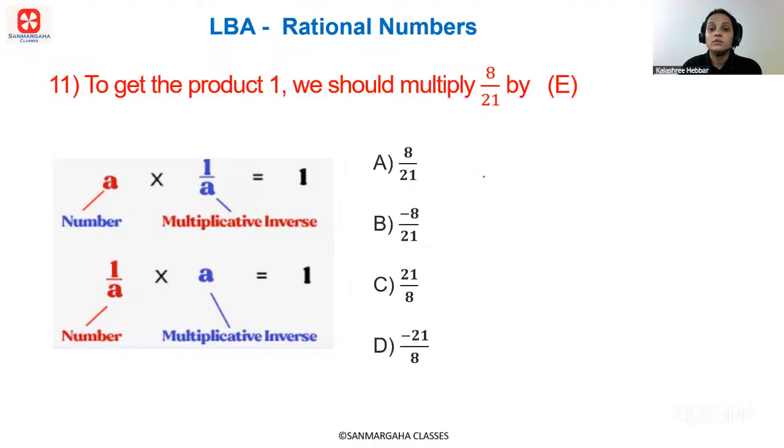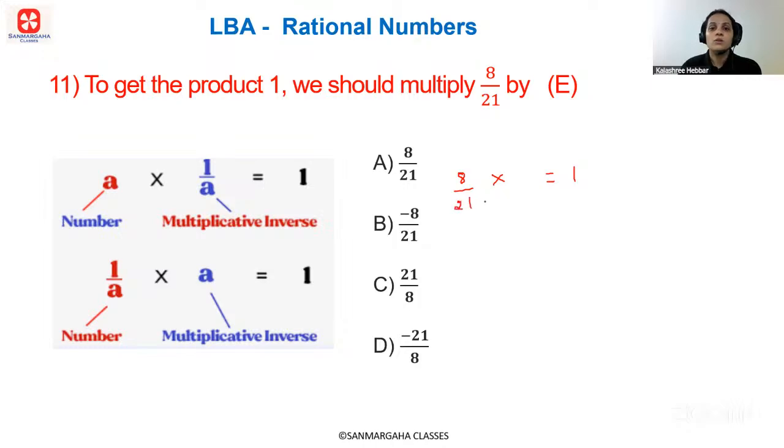Sorry, the inverse. Now you have 8 by 21, and you have to get the product. Product is nothing but multiplication, and the answer should be 1.